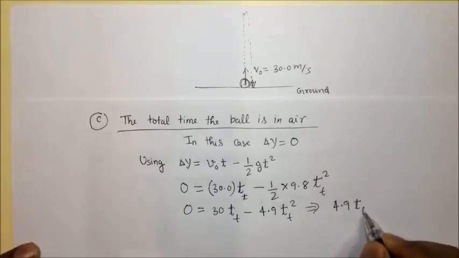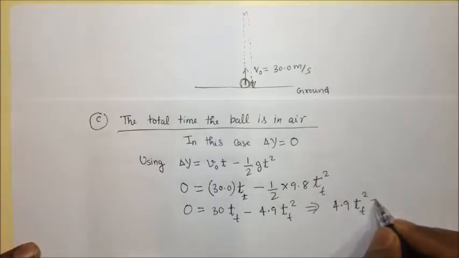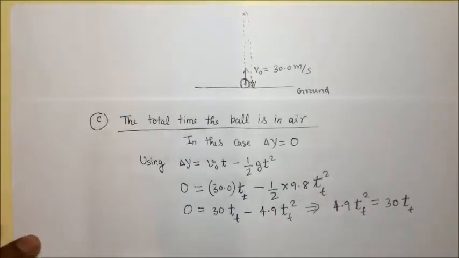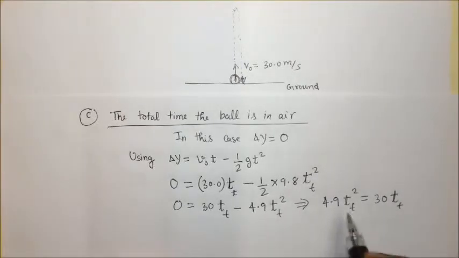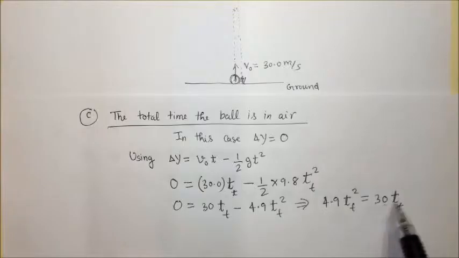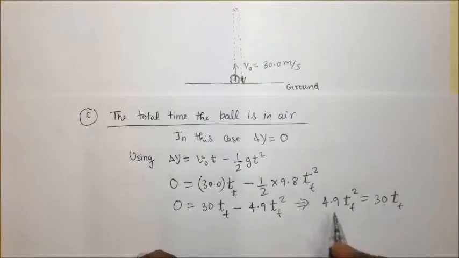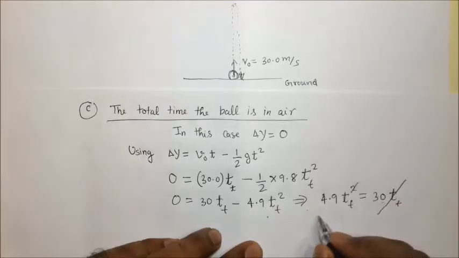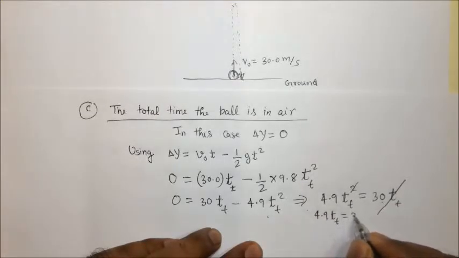4.9 tt square is equal to 30 t suffix t. What happens here? One of the t suffix t can be cancelled. 4.9 t suffix t is equal to 30.